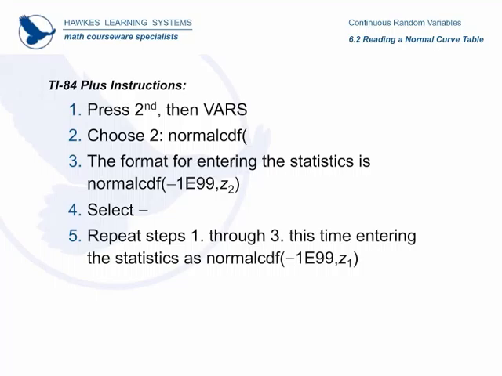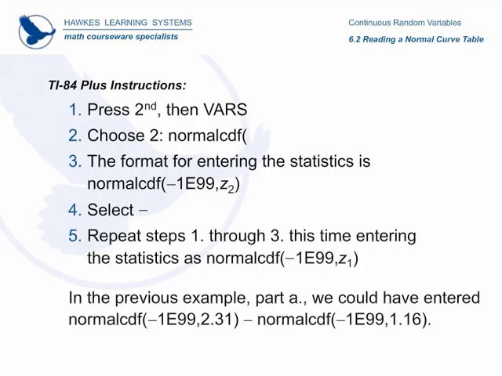This time entering the statistics as normalcdf(-1E99, Z sub 1). In the previous example, part A, we could have entered normalcdf(-1E99, 2.31), which was our Z sub 2, minus normalcdf(-1E99, 1.16), which was our Z sub 1, and that would have given us our answer. Take advantage of the technology that's available to you.